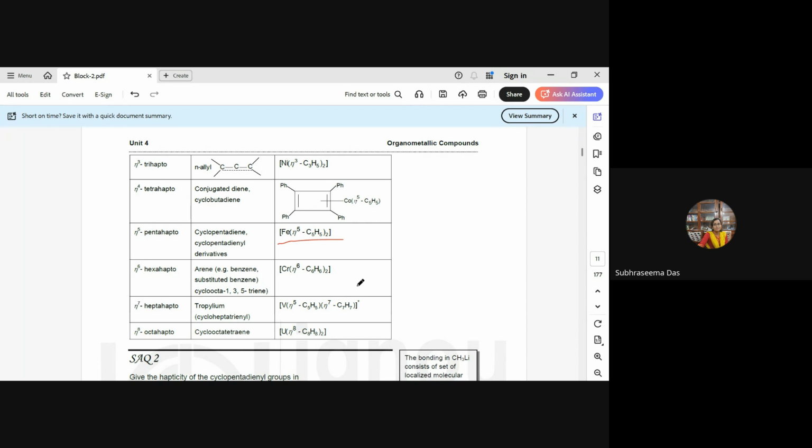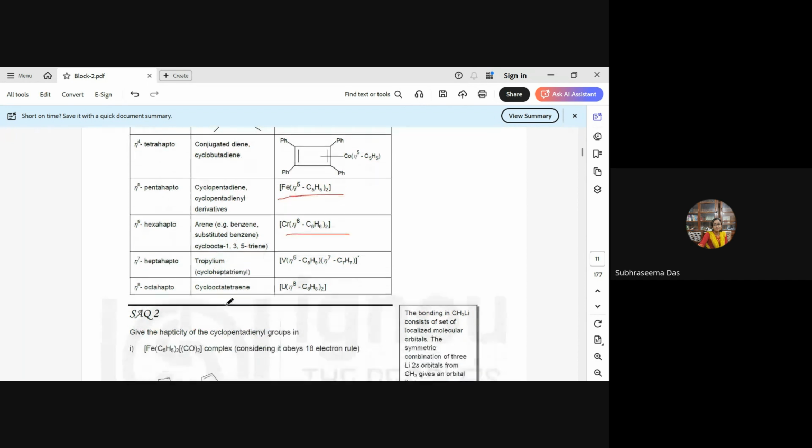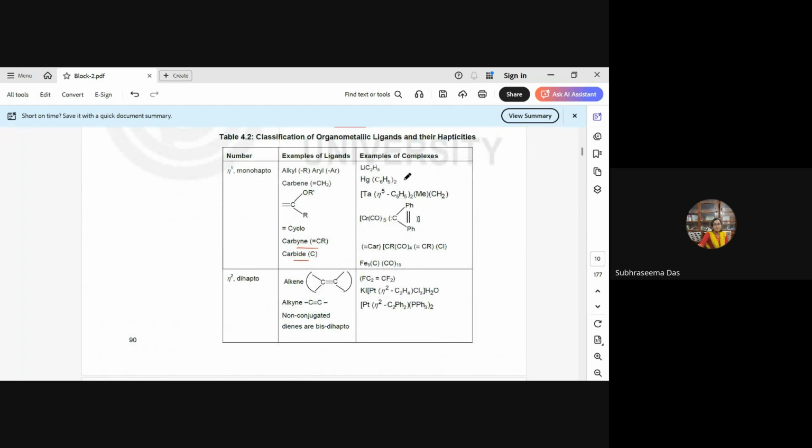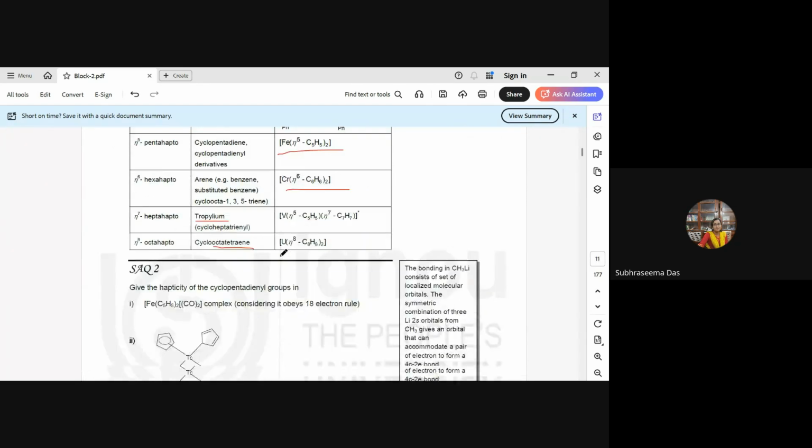For hexahapto, we have the arene complex, and heptahapto is a very common ion called the tropylium ion, or cycloheptatrienyl. And for octahapto, that is cyclooctatetraene, that is eta raised to the power 8. So these are some of the common ligands and their hapticity has been given here.